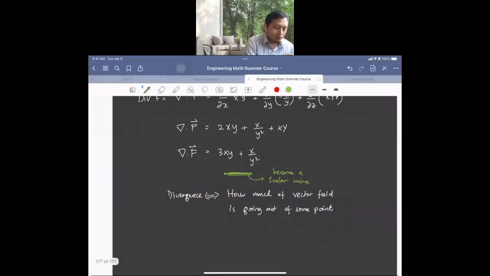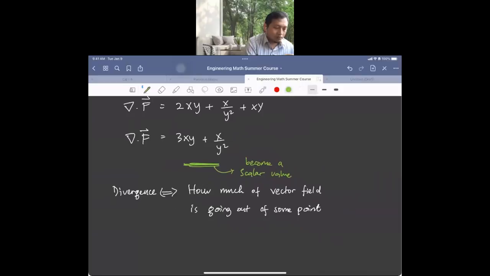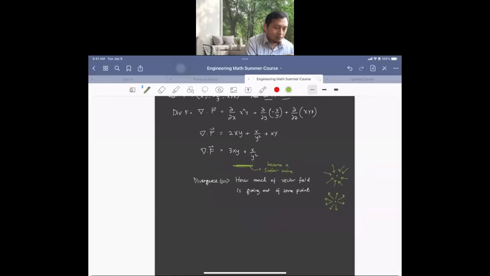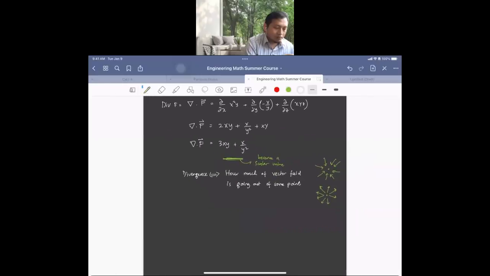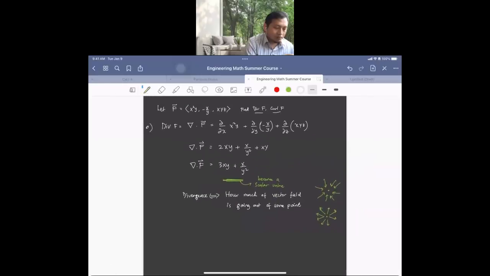So the divergence means that it can be going inside like this, or going outside. That's divergence.